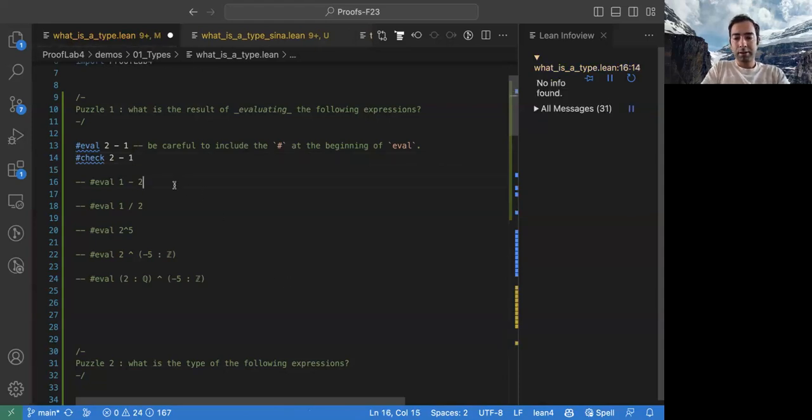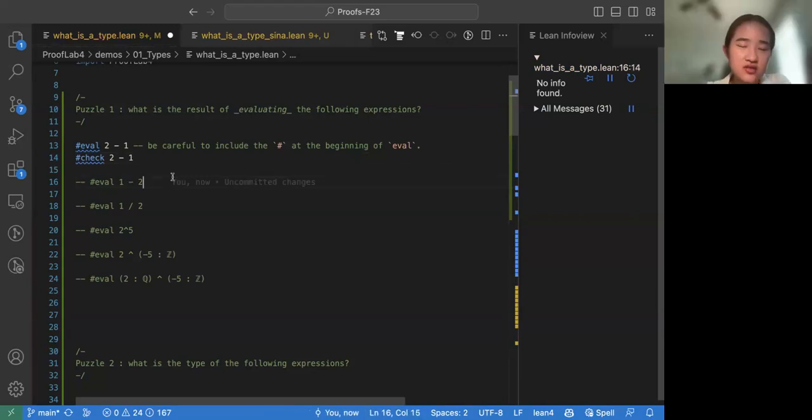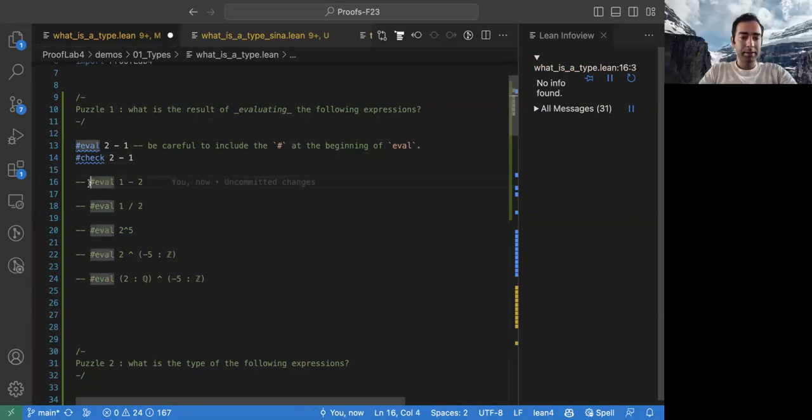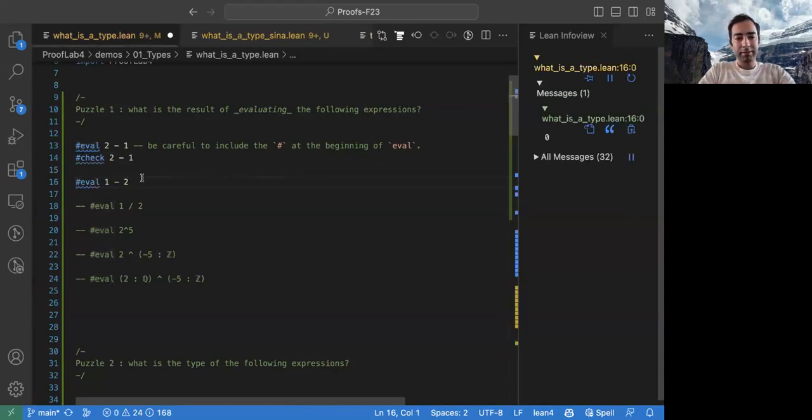You're right. So Sherry, it's your turn now. What do you think of this one? Is it negative one? Let's see. Who thinks this is negative one? Who else thinks this is negative one? Okay, all of you. Let's see.